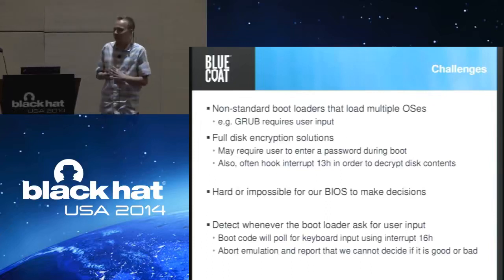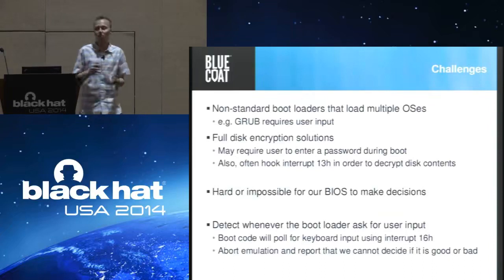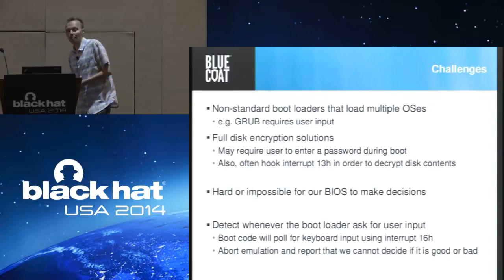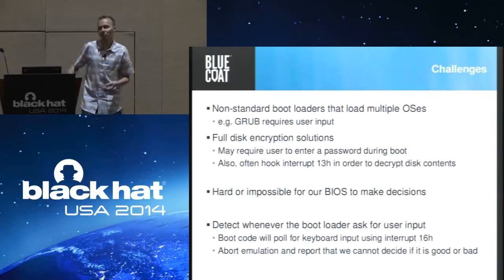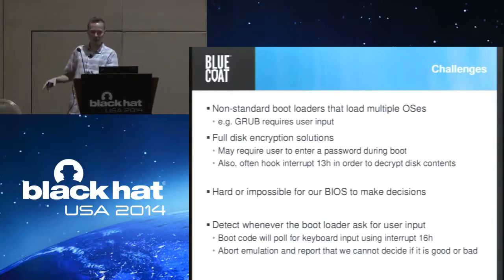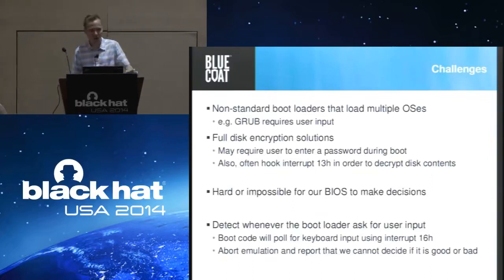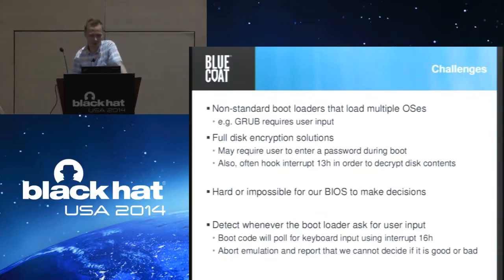Another issue with full disk encryption is that it also normally hooks interrupt 13, because it wants to decrypt the contents of the sectors on disk as they're being read into memory. Otherwise, the OS would never boot. So it's hard or impossible for us to make decisions. But what we can do is detect if this may be a problem.